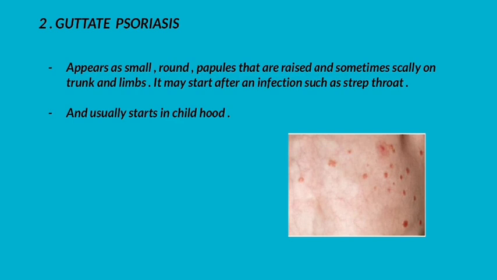Second, guttate psoriasis appears as small round papules that are raised and sometimes scaly on the trunk and limbs. It may start after an infection such as strep throat and usually starts in childhood.